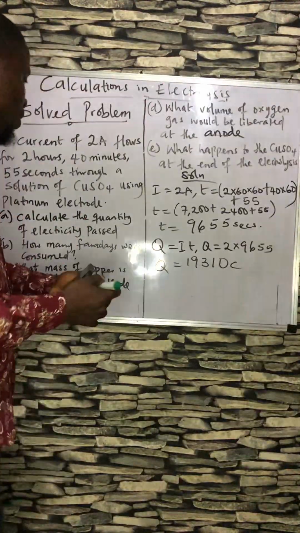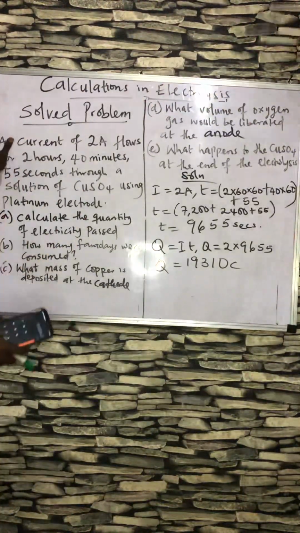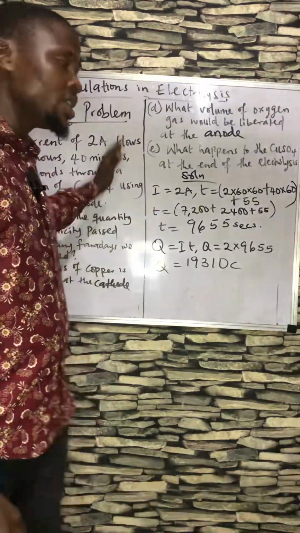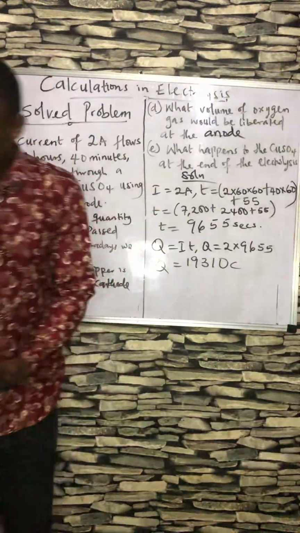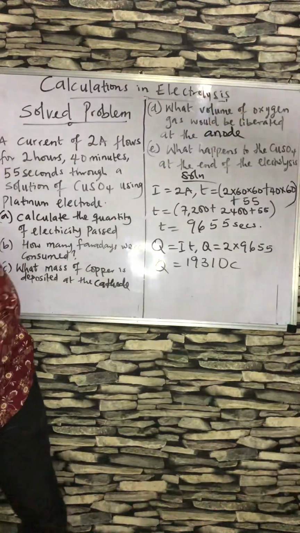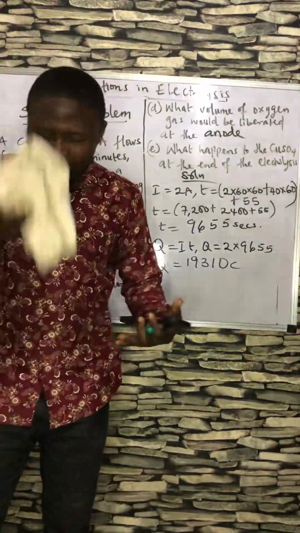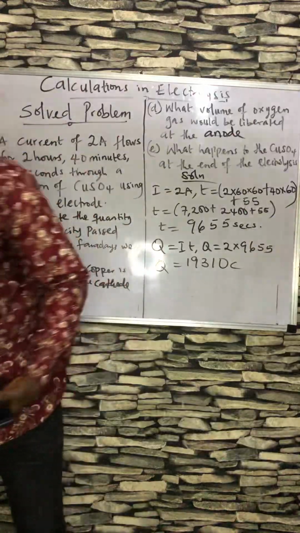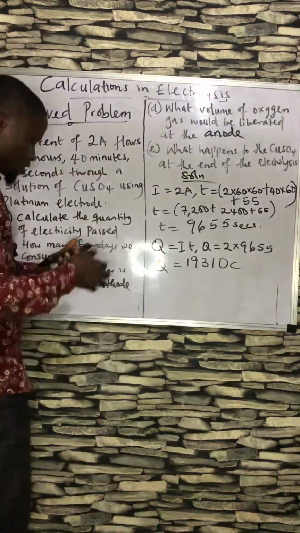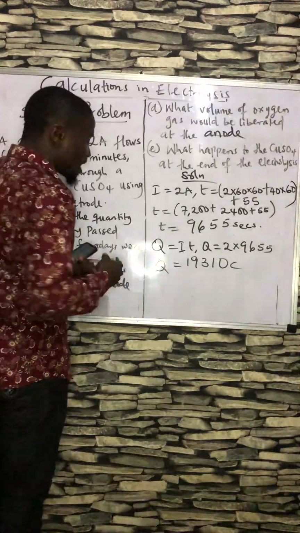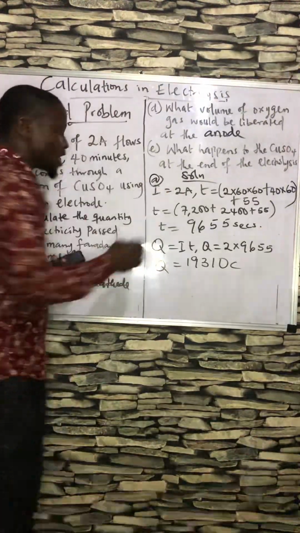Right? So the quantity of electricity that passed through this electrolyte is 19,310 coulomb. So we are done with the first question. It has to be done stepwise.